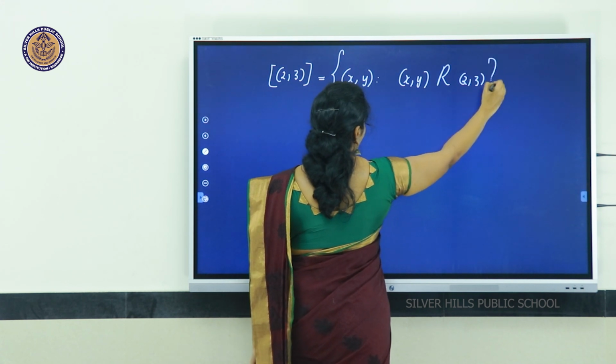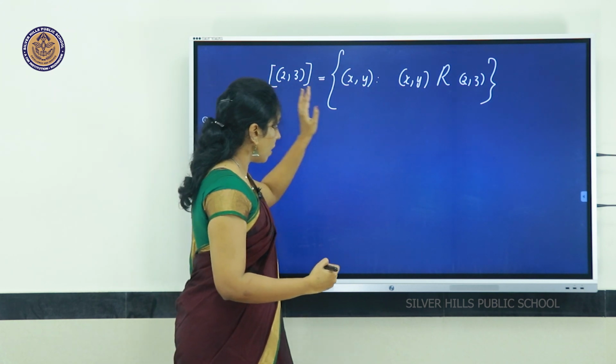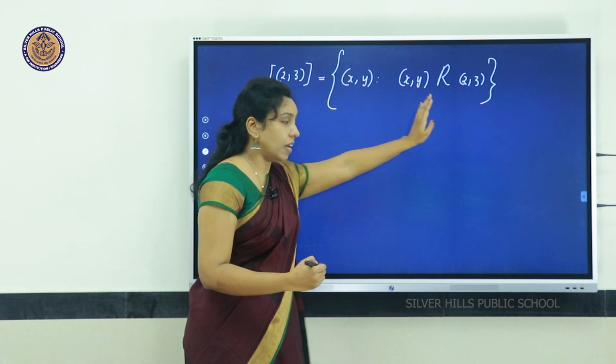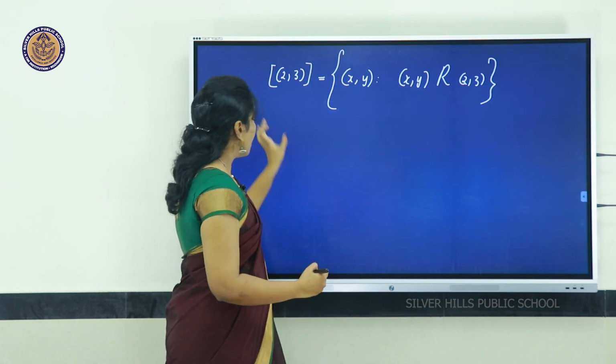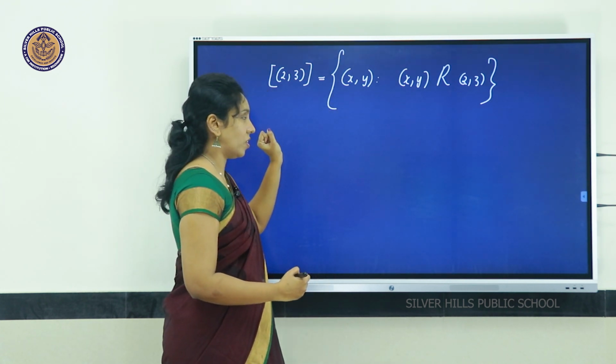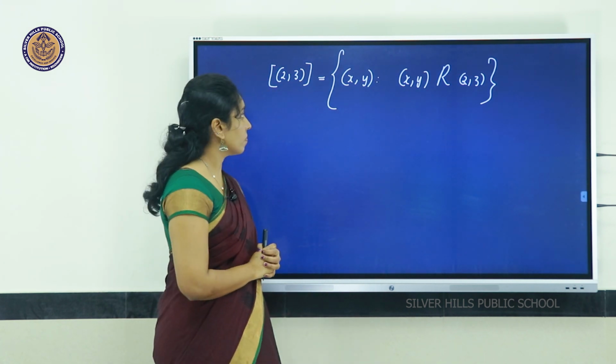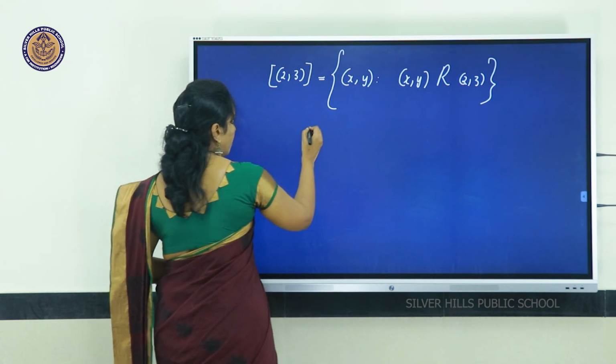So, children, the only change is equivalence class A. How did we define? Set of all X such that X is related to A. Instead, equivalence class 2, 3 is set of all ordered pairs XY such that XY is related to 2, 3. That is equal to.